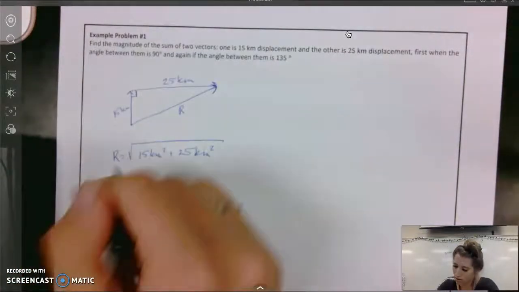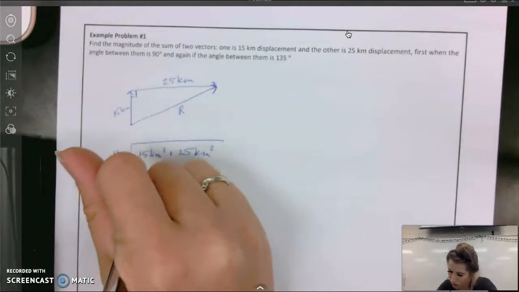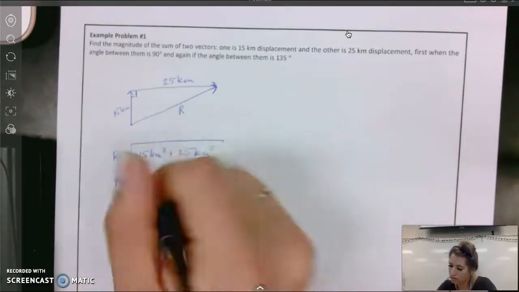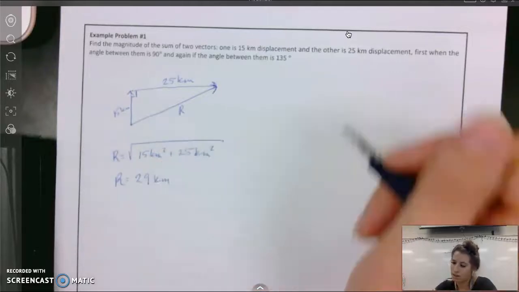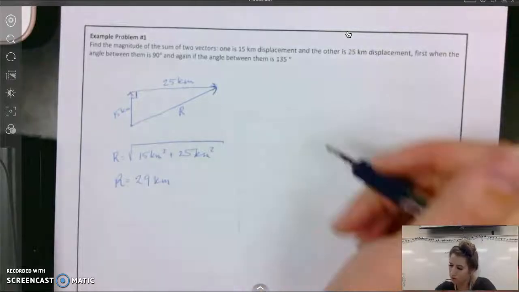We're dealing with two sig figs, so let's keep in that range. 29 kilometers. Okay, that's R. Now, that's when they're 90 degrees. Let's look at when it's 135.